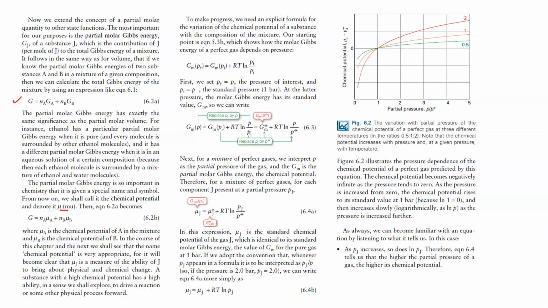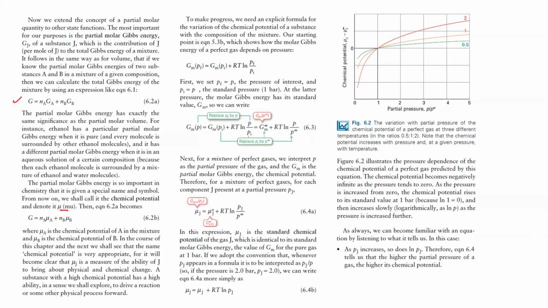In the course of this chapter and the next, we shall see that the name chemical potential is very appropriate, for it will become clear that mu sub J is a measure of the ability of J to bring about a physical and chemical change. A substance with a high chemical potential has a high ability, in a sense we shall explore, to drive a reaction or some other physical process forward.